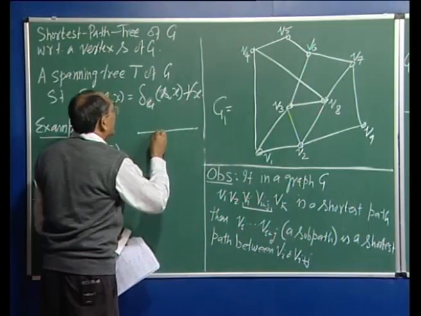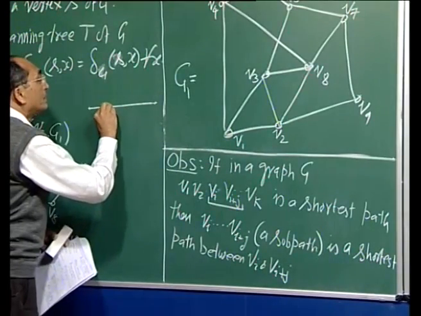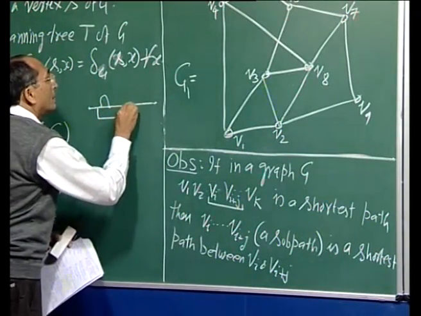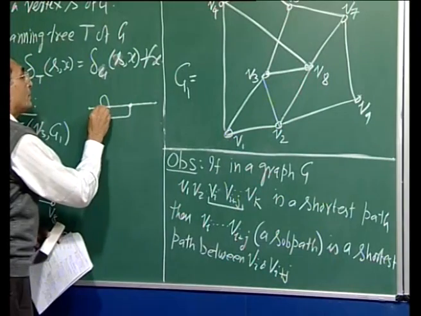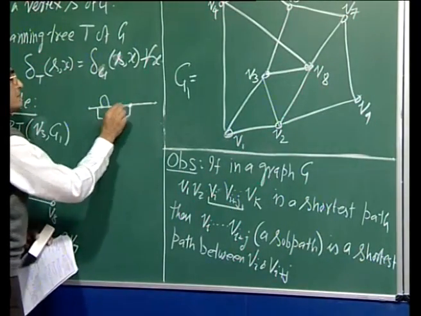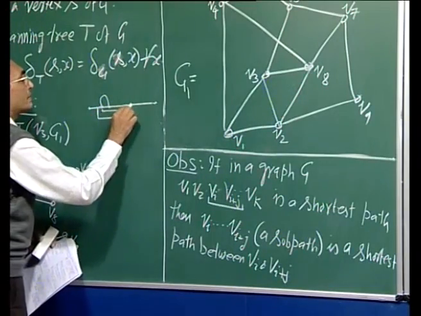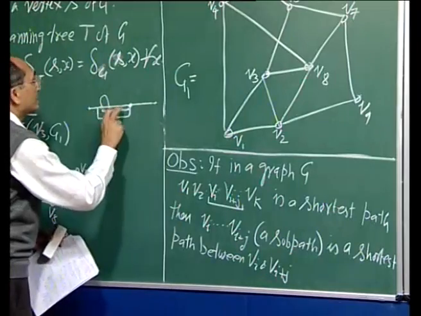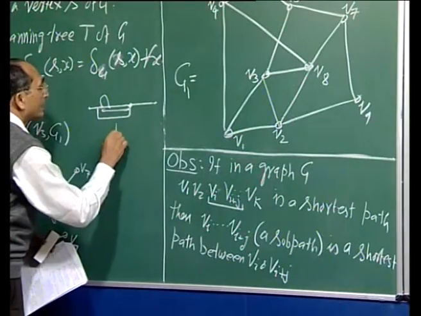Symbolically, here is the original path, and now I have found, well, it does not look like a shorter path, but suppose that this path is shorter than this path. Then you can remove this and you end up getting this.